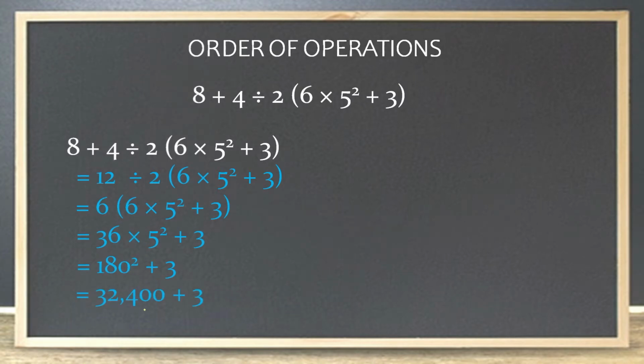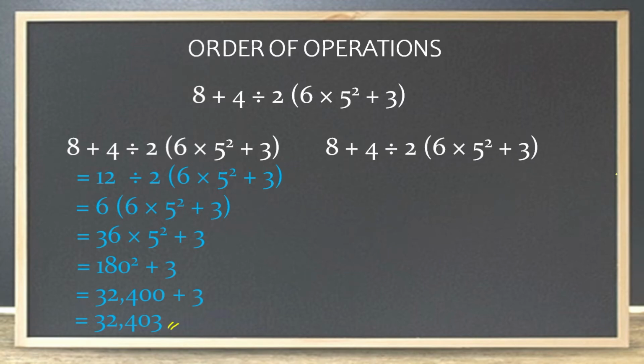So we square the 180, that will give you 32,400 plus 3. So that becomes 32,403. So this will be our solution if we were to solve this problem taking it from the left going to the right, and dealing with the operations as they come.